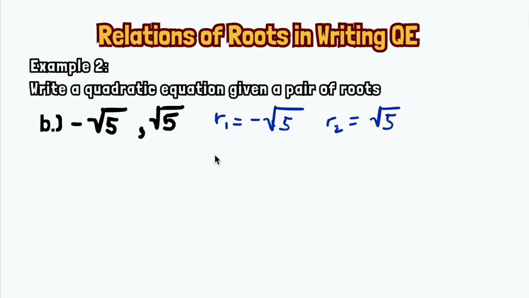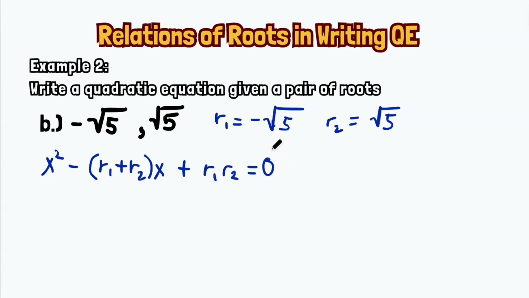So again, we will use the form. Kung natatandaan niyo yung form kanina, we have x squared minus the sum of the roots, that is root 1 plus root 2, and we will put x here, plus the product of the two roots, that is root 1 times root 2, equals 0.